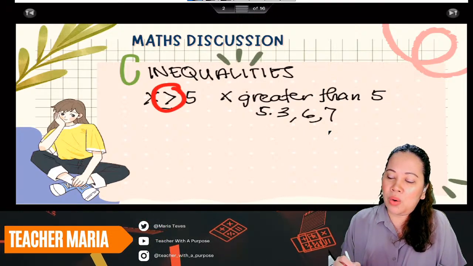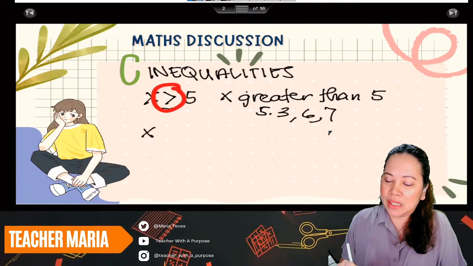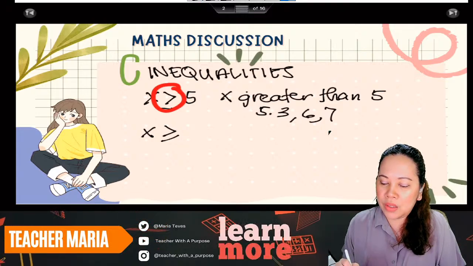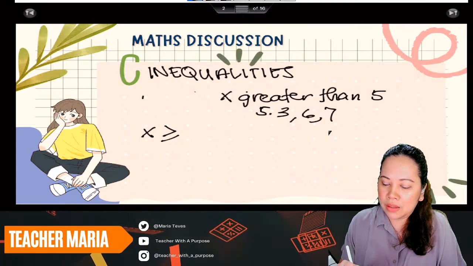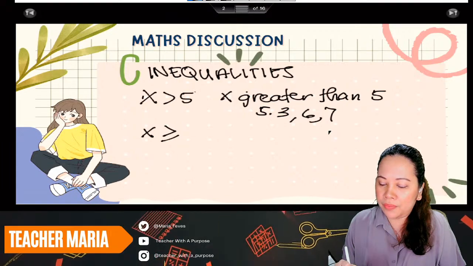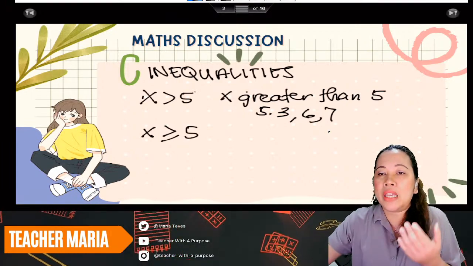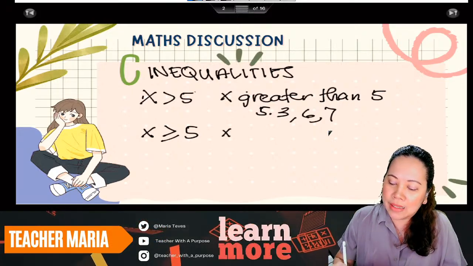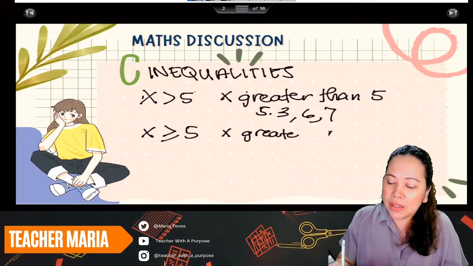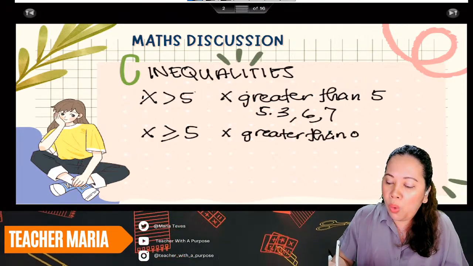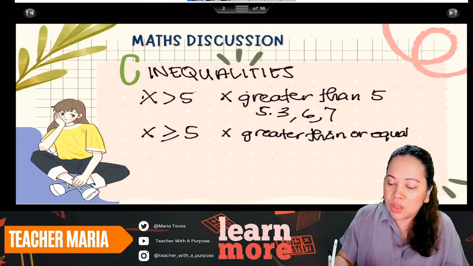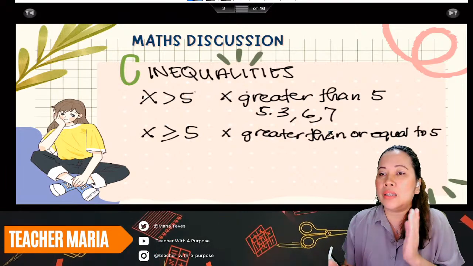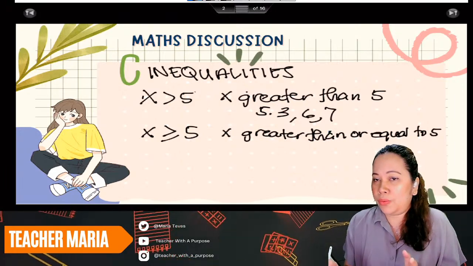Okay? So another example of an inequality sign would be with the equal sign below it. So this one, x greater than or equal to 5. So what does the inequality sign with an equal sign below it mean? It means that x is greater than or equal to 5.